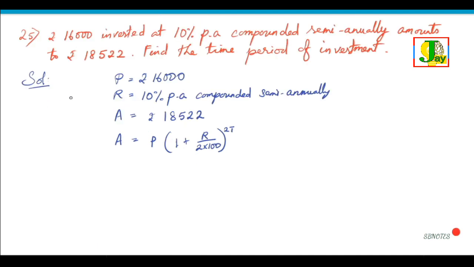Now this question is the same as the previous one, but here it is compounded semi-annually. This is important now. So the principal is given, 16,000. The amount is given, 18,522, and the rate of interest is 10% per annum, compounded semi-annually. So we need to put the values in the formula.